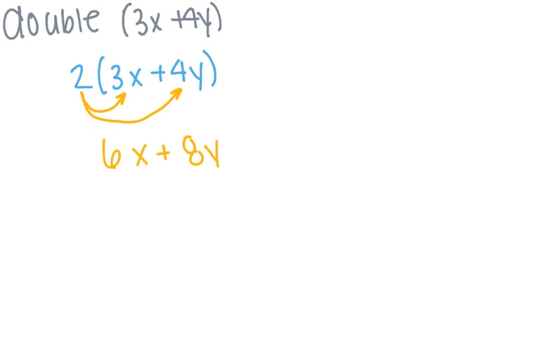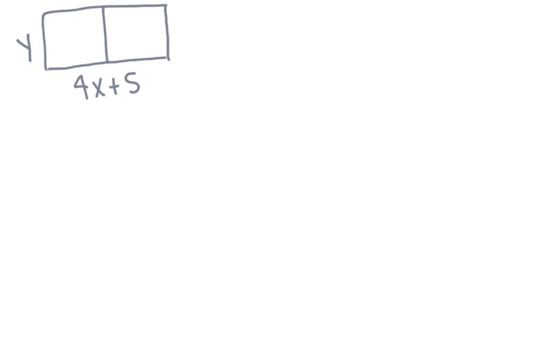So let's practice using the faster way. Alright, so on screen we have a model, and it shows us that the width is equal to y and the length is equal to 4x plus 5. So the first thing we have to do is write this as an expression. So I'm going to take the 4x plus 5 and I'm going to put it in parentheses because that has to stay together.